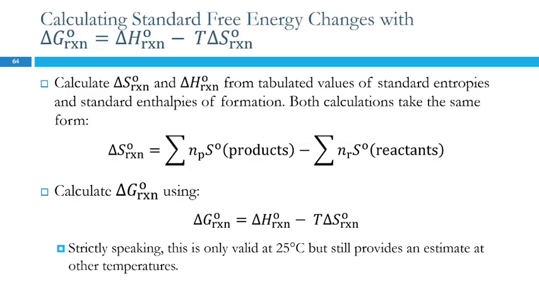So using delta G equals delta H minus T delta S, we can calculate delta S0, like we just did an example of, from tabulated values of standard entropies. We can calculate delta H0 from tabulated standard enthalpies of formation. They both have the same form where you take the products and you subtract the reactants.